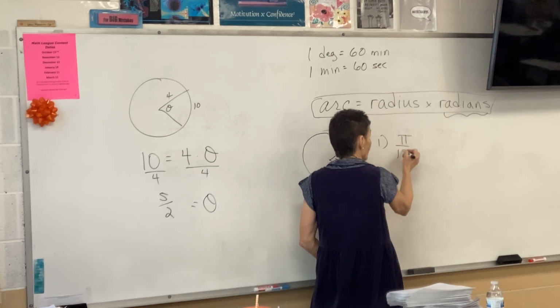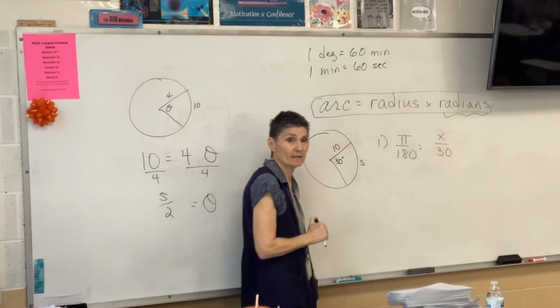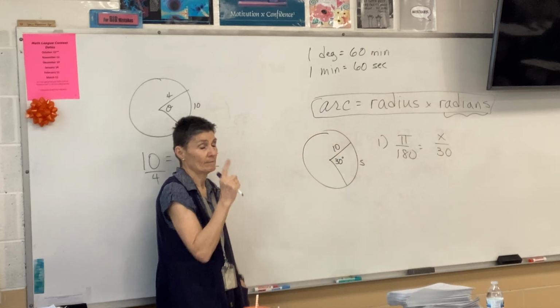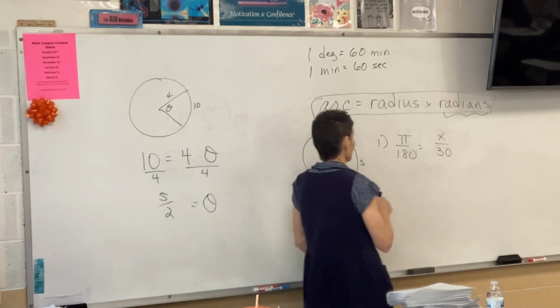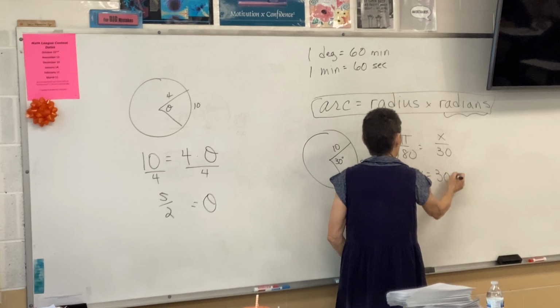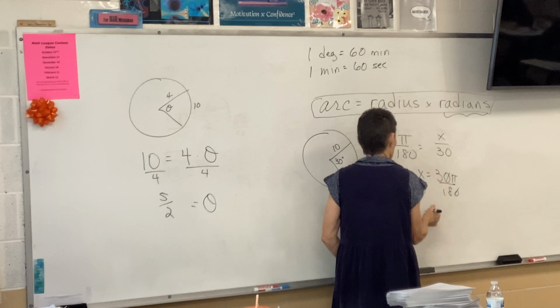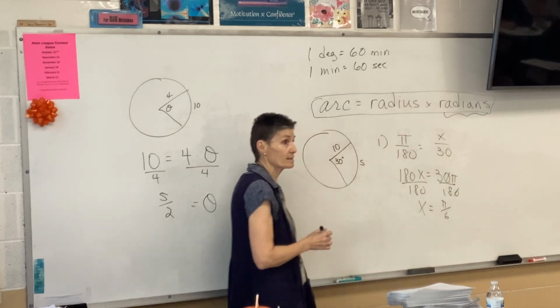Pi over 180 equals x over 30. That's step one. So I'll cross multiply. And when I reduce, it looks like I get pi over 6, 1 pi over 6.